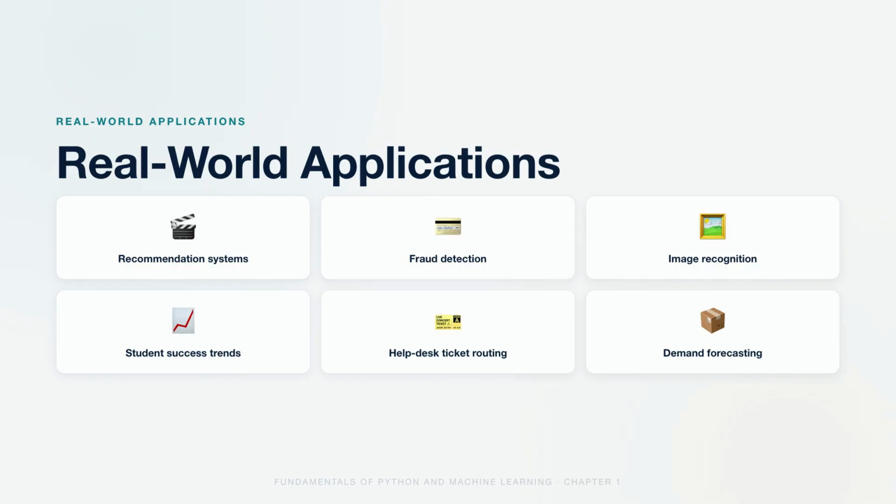In education, machine learning can help identify student success trends or recommend support resources. In technology support, machine learning can help classify help desk tickets and route them to the correct team. These examples all have something in common. They use data to identify patterns and make predictions or classifications.